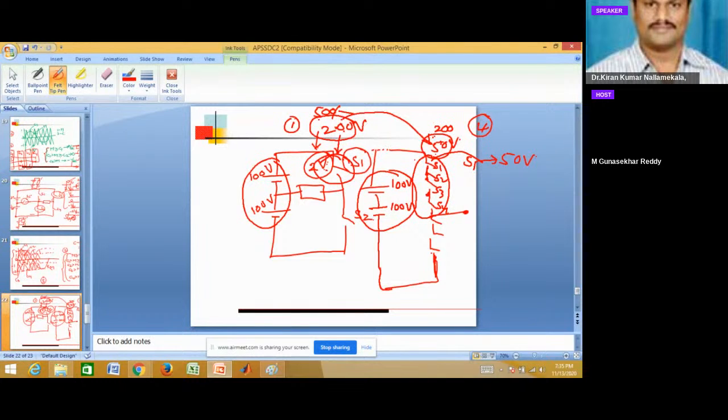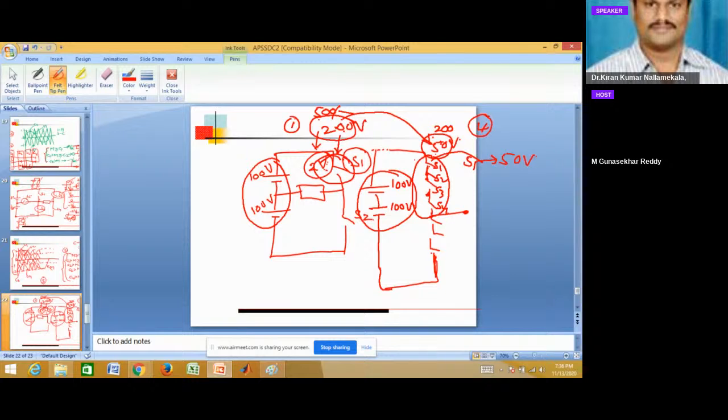So the cost will increase a bit, but not so high. As the voltage requirement is less, the cost of each individual switch is less in multi-level inverters.